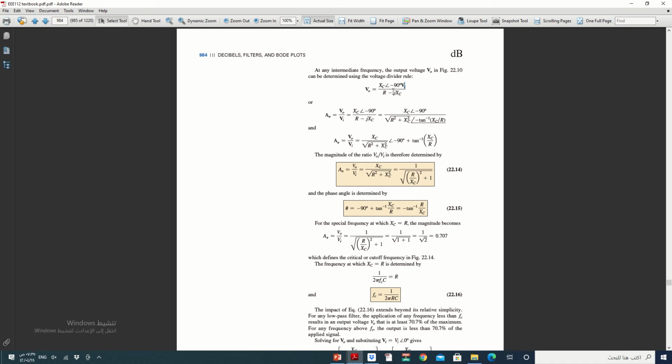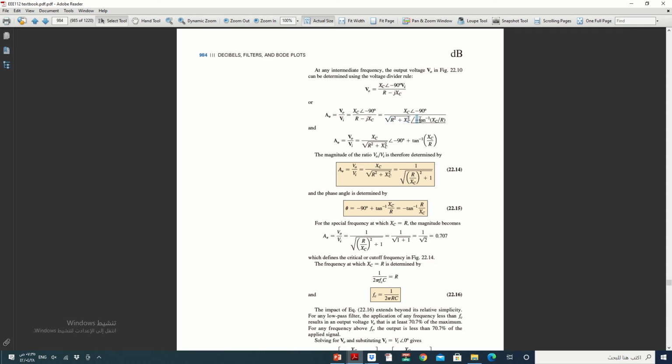If we normalize this equation by dividing V out over V input, you will get this equation, and here we can write the magnitude alone and the angle in phasor or polar form.